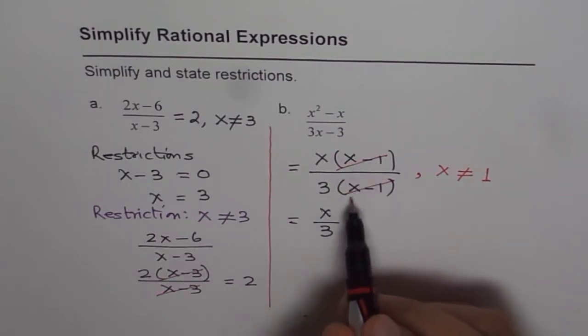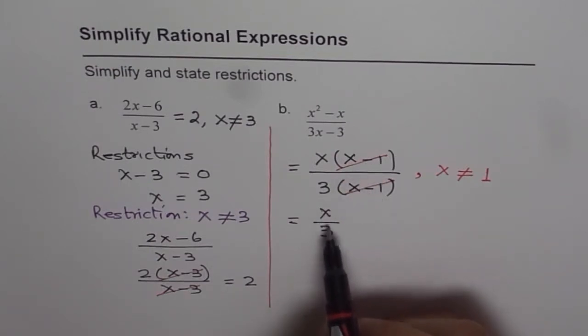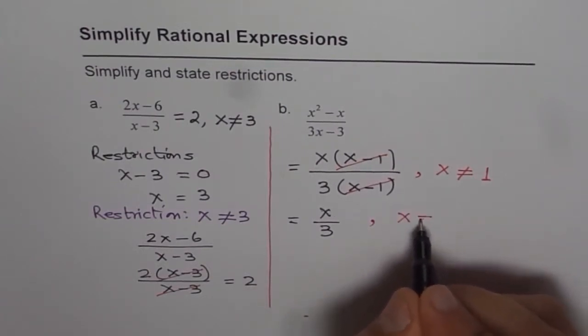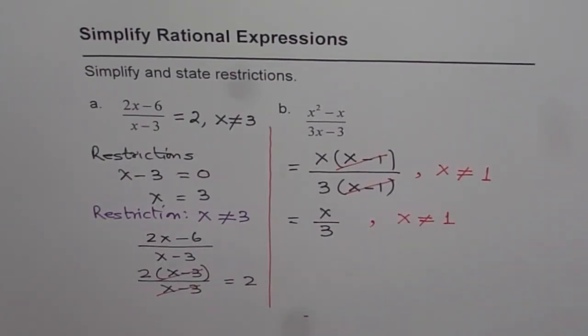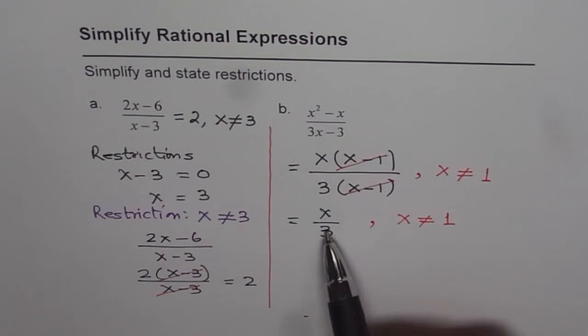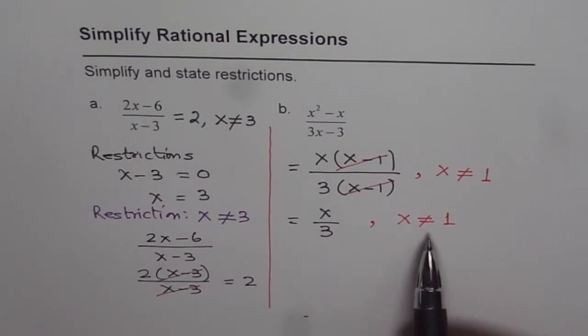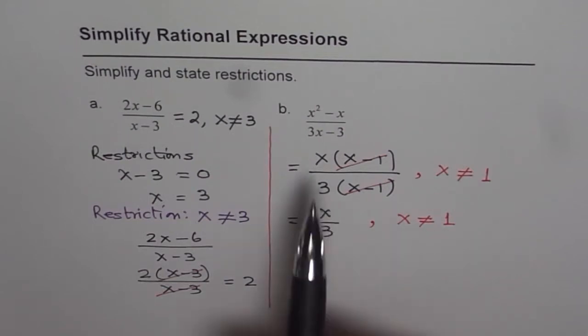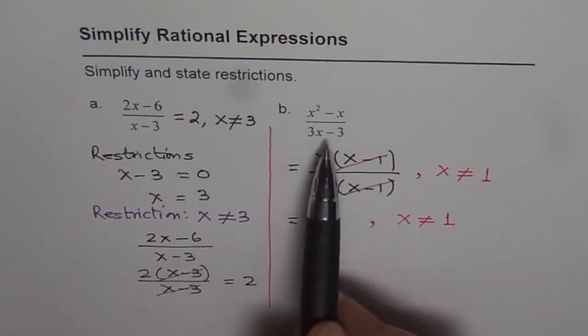Now x minus 1 cancels out. We're left with x over 3, and we should continue writing our restriction, which is x is not equal to 1. Do you see that? So here we can solve the question in just 2 steps, both simplification and writing the restriction. Do you see that? You'll get x not equal to 1 even if you do denominator equals 0.